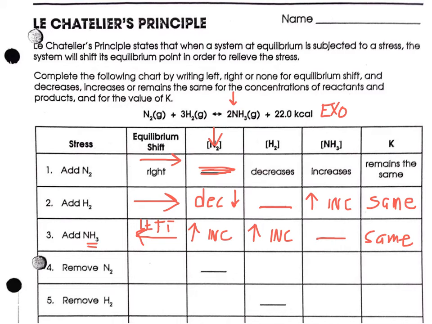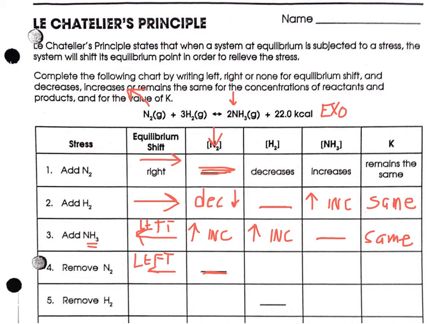Now, imagine what happens if you actually remove some of the reactant from the system. How does the system respond to make that up? Well, it's going to shift to the left to produce more nitrogen. So this was the factor we changed. So it's shifting to the left.